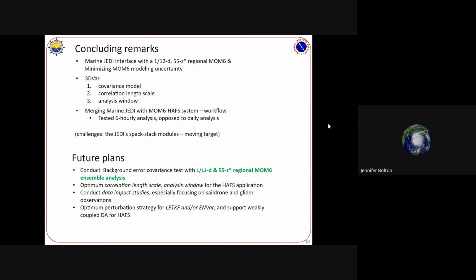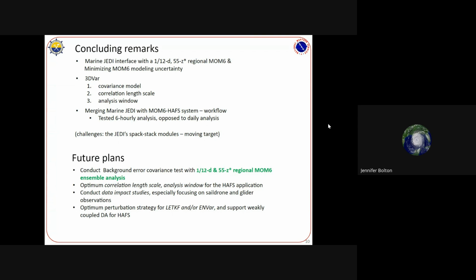But with in situ observations, if you want to correct the subsurface temperature and salinity, we need to think about it again. Merging the Marine JEDI workflow with the MOM6 HAFS system, we need to redesign it in order to better control the input parameters. So I have to propose this workflow in the work session with the EMC.